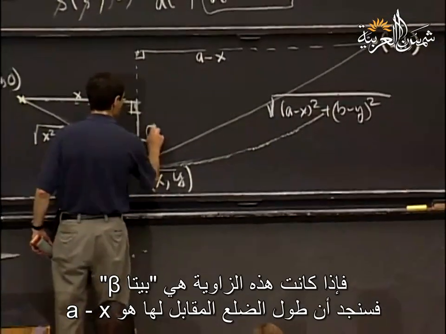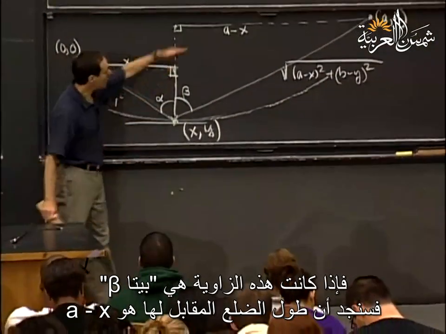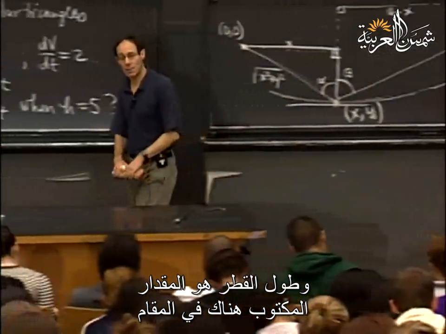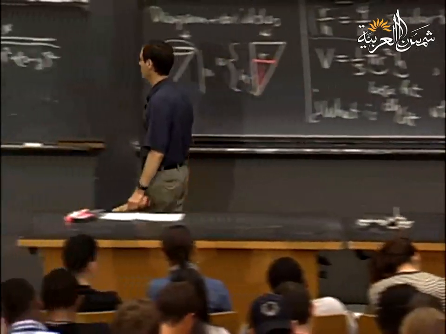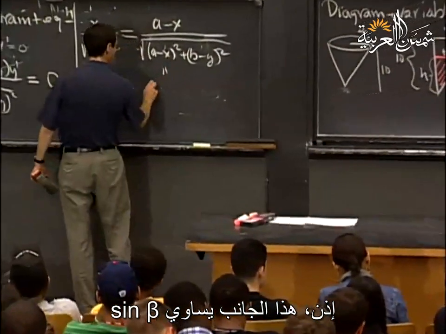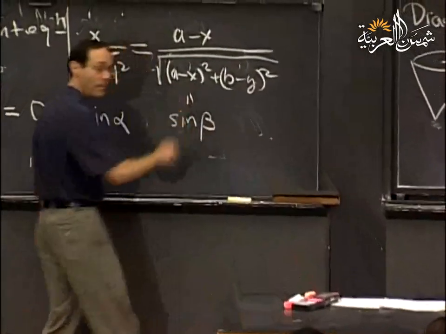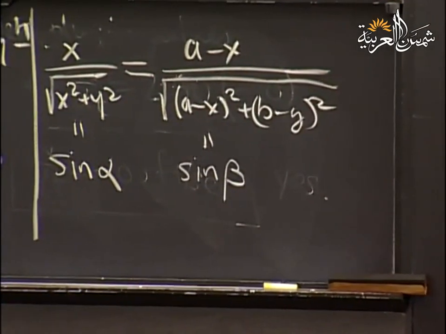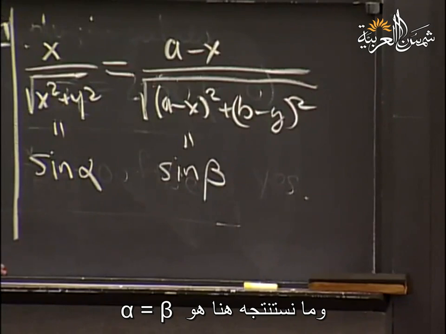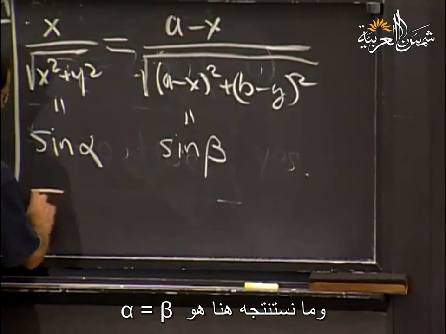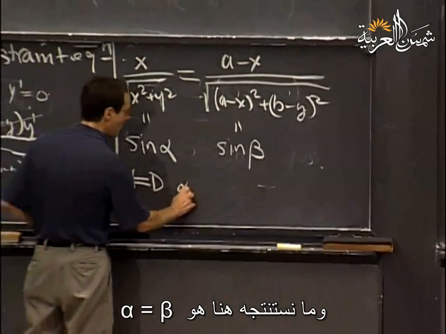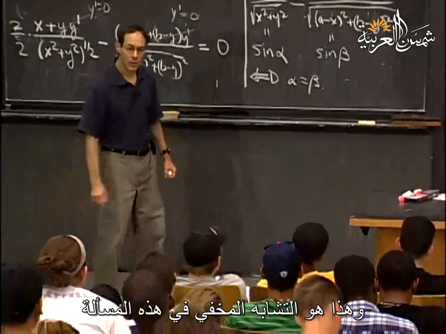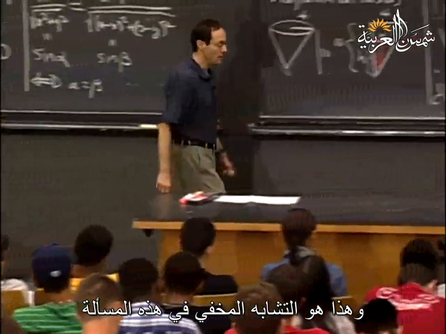If this angle is beta, then the opposite side is a minus x, and the hypotenuse is what was in the denominator over there. So this side is sine of beta. And so what this condition is telling us is that alpha is equal to beta, which is the hidden symmetry in the problem.